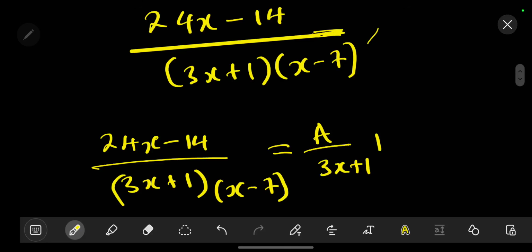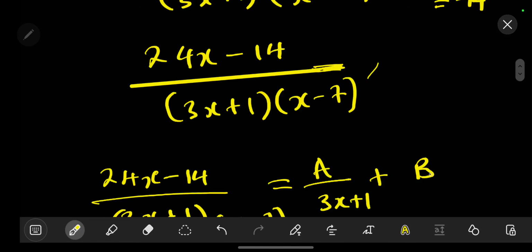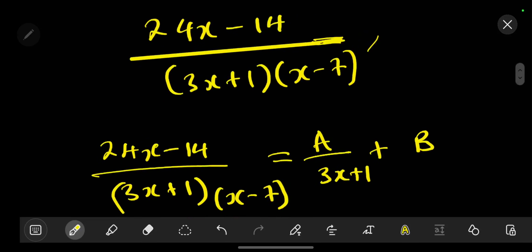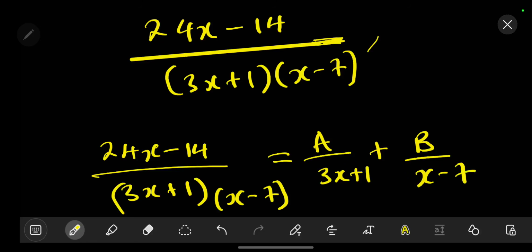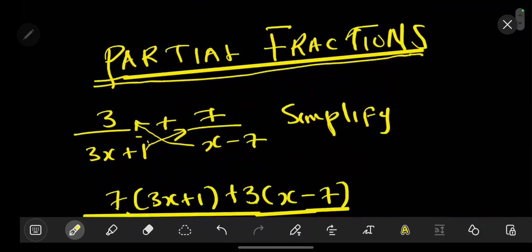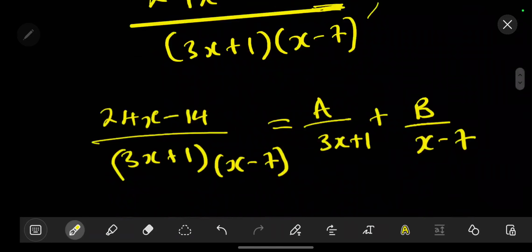Then plus the second unknown number, b, over the second denominator, which is x minus 7. Initially it was 3 over this, but we don't know the number here, so we replace it with a, and here we replace with b.